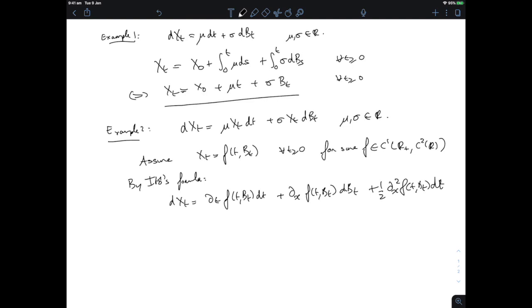But in the meantime, I have to solve my equation. So dX_t has to also be equal to mu X_t dt plus sigma X_t dB_t, and that is equal to mu f(t, B_t) dt plus sigma f(t, B_t) dB_t.